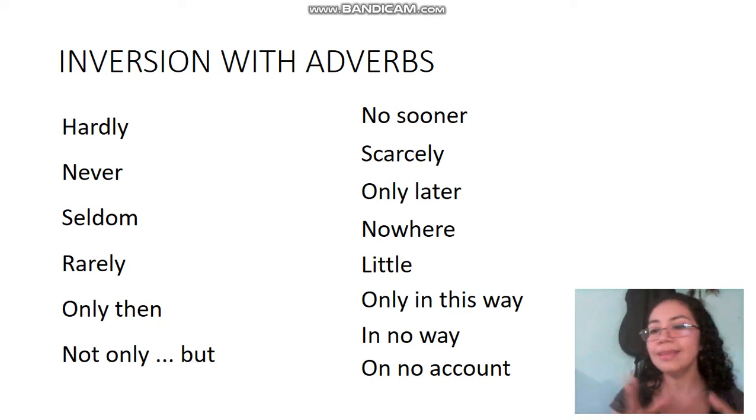Okay? These are the adverbs in which we can use this kind of inversion, to make whatever you are saying more highlighted.